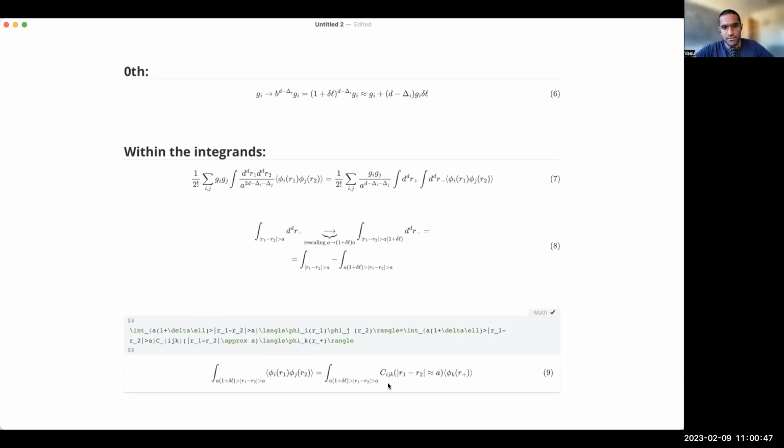So basically we can have the OPE expression inside here, but the separation is so small that we really want to take R1 minus R2 to be of order A, of order the lattice spacing. And what's that going to be? Okay, well, I have not written the actual measure. The measure is minus.